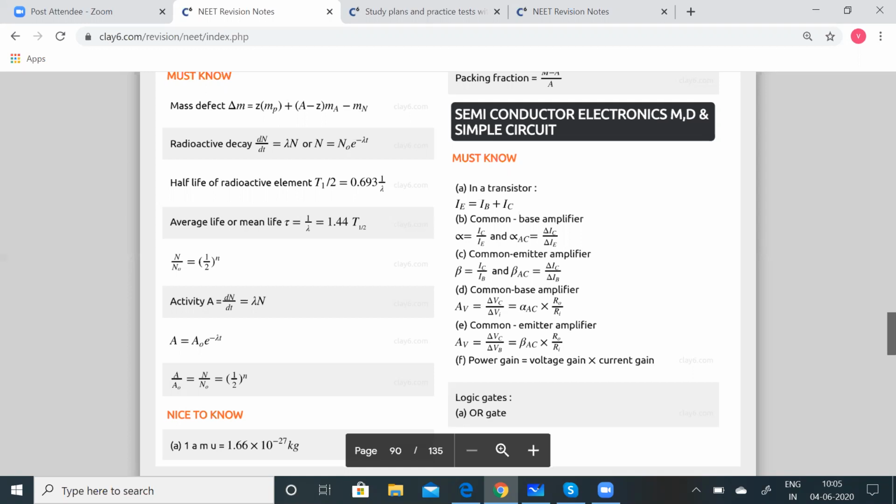When we talk about the distinction between metals, insulators and semiconductors on the basis of band theory, in metals the conduction band is partially filled, or the valence and conduction bands overlap. In that case the energy gap Eg is 0. In insulators, the conduction band is empty and the valence band is filled, and the forbidden energy gap is very large, Eg greater than 3 electron volts.